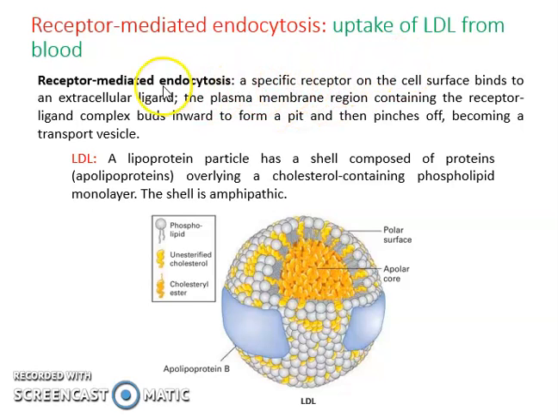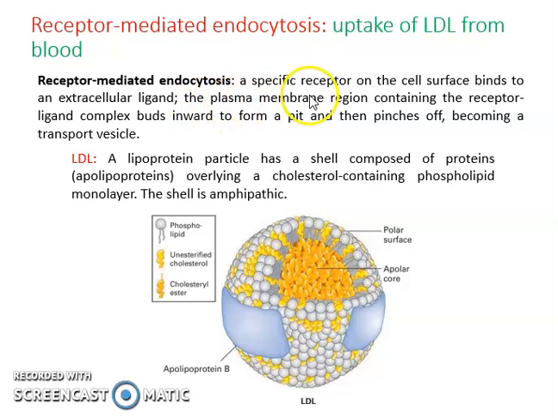As we know, endocytosis is a process in which a cell takes up materials from its surroundings, from its outside environment, and transfers them into the cell. So here a specific receptor which is present on the cell surface binds to an extracellular ligand, which is here the LDL particle.